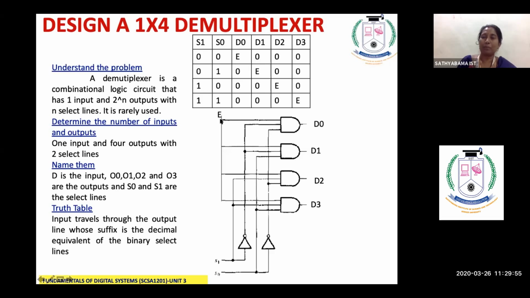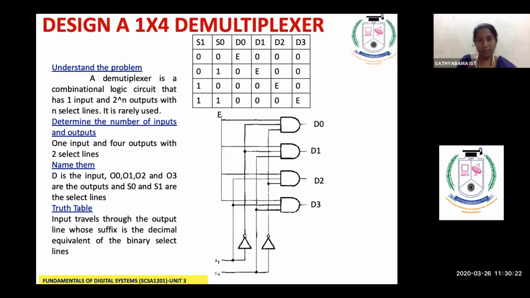This enable input, you may find it out as a tri-state logic, tri-state buffer. You will be hearing this word again and again in future. So if you hear tri-state buffer, immediately you should think that the third state is nothing but enable state. So that's all.